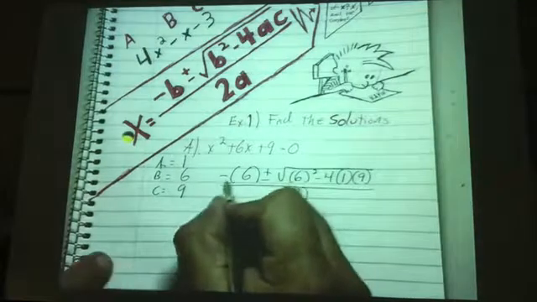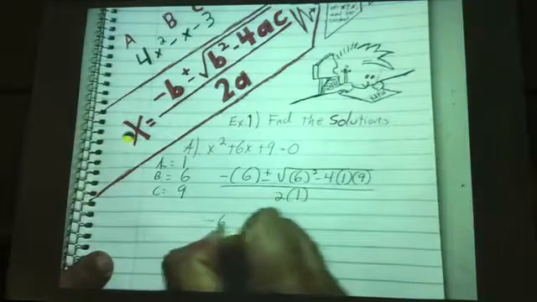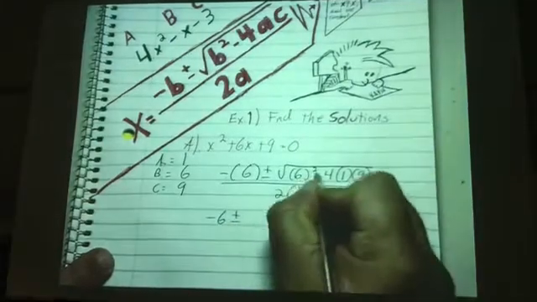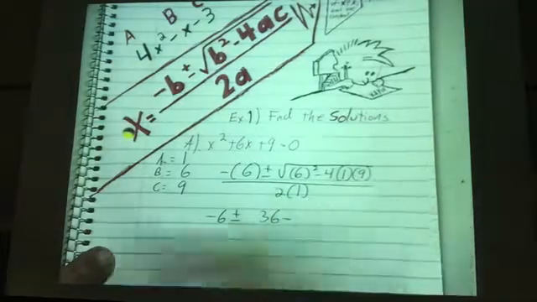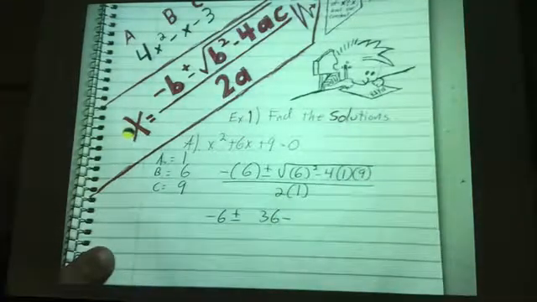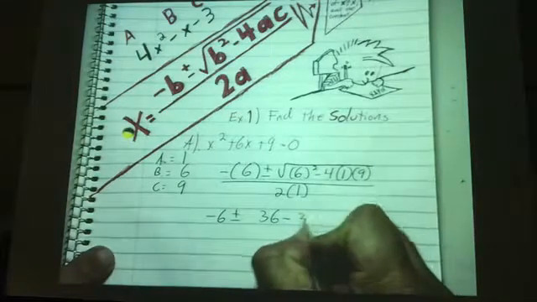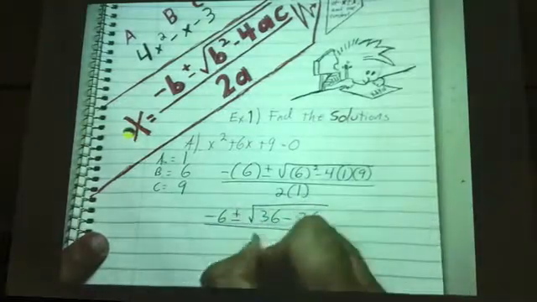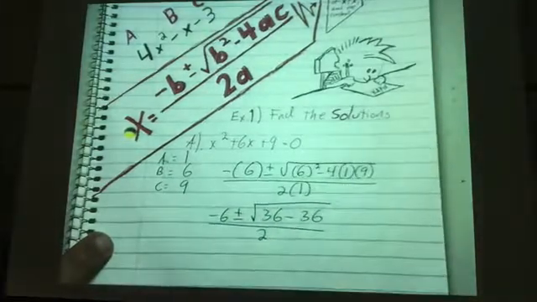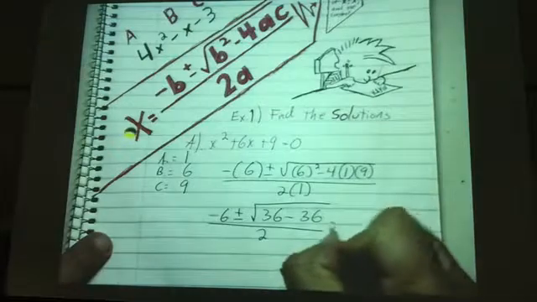So we have negative times 6 is negative 6, plus or minus 6 times 6 is 36, minus 4 times 9 is 36, square root, over 2. We move forward.